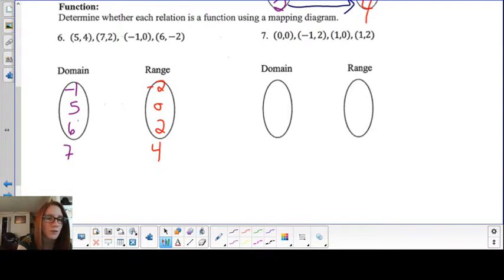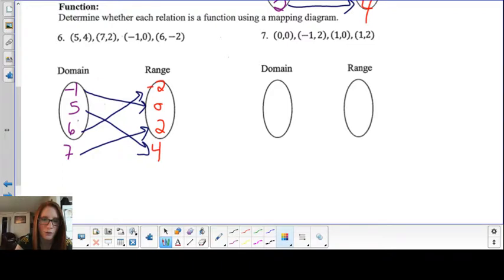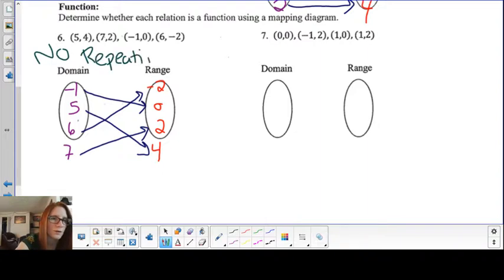So -1 goes to 0. 5 goes to 4. 6 goes to -2. And 7 goes to 2. So the key part here is we do not want repeating x values.